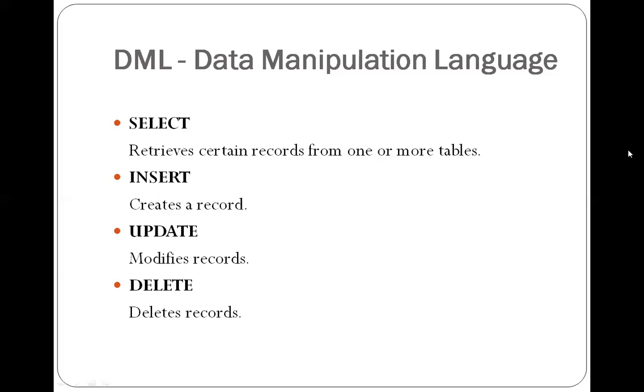Whereas truncate is used to remove all the records from a table at a time. And the delete command can be rolled back, but truncate cannot be rolled back. What is rollback? We'll discuss soon.